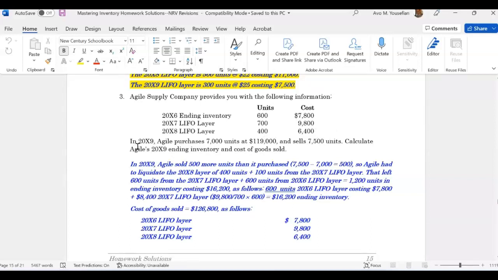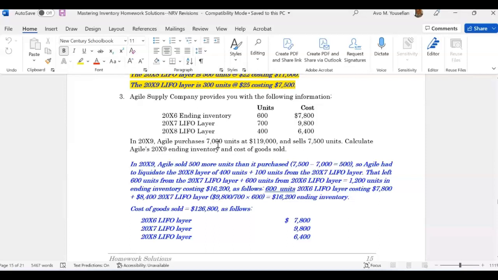In 2019, the company purchases 7,000 units at $119,000 and sold 7,500 units. So you see here, they bought only 7,000 and they sold 7,500. That is LIFO liquidation. Why?